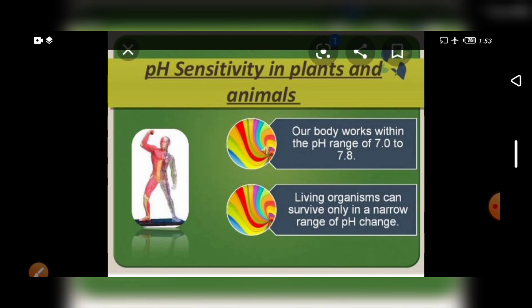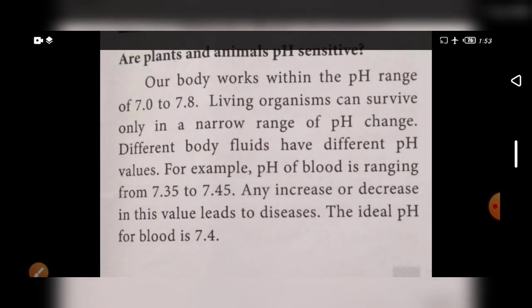Suppose it goes down, what happens? Are plants and animals pH sensitive? See here, our body works within the pH range of 7.0 to 7.8. Living organisms can survive only in a narrow range of pH change. Different body fluids have different pH values.